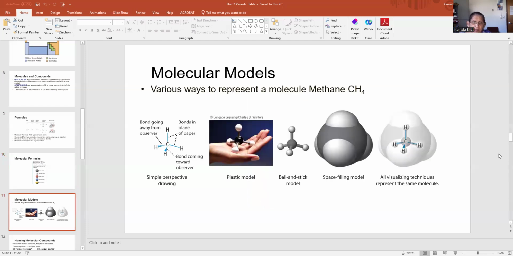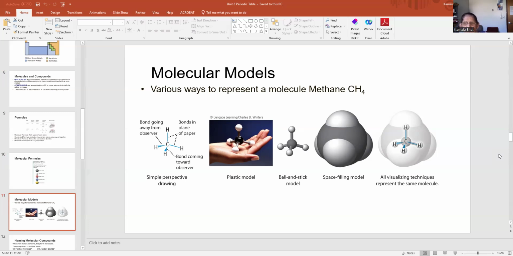And another way of representing the various molecules of methane gas, CH4, is shown. The first one to the left is what we call the simple perspective drawing, where it shows bonds coming towards you and going away from you. Another one is the plastic model. Next is the ball and stick model, and then the space-filled model.